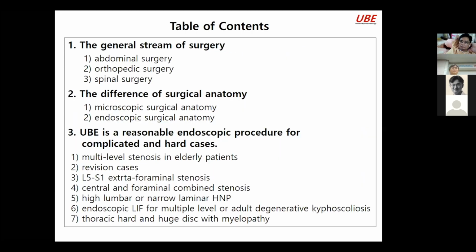So today I prepared the table of contents. First, the general stream of surgery. Second, difference of surgical anatomy. Third, UBE is a reasonable endoscopic procedure for complicated and hard cases.